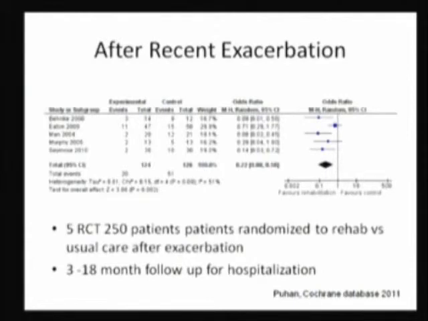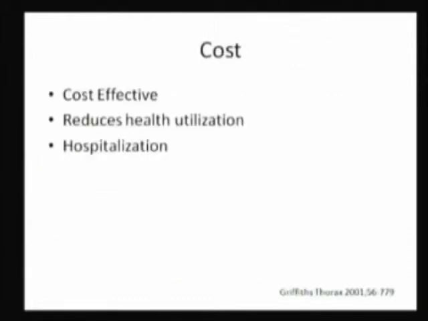We have here 5 randomized controlled trials lumped in a meta-analysis, 250 patients, and we see a really sizable effect size in reduction in hospitalization in these patients, and we will see also that mortality is less, so it doesn't have a bad effect on patients who had a recent exacerbation.